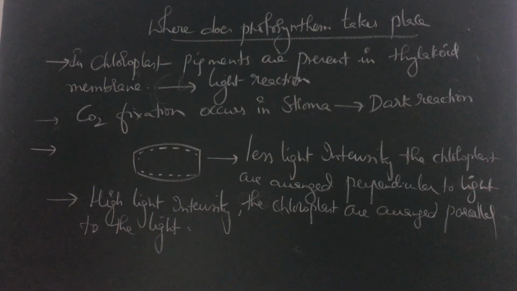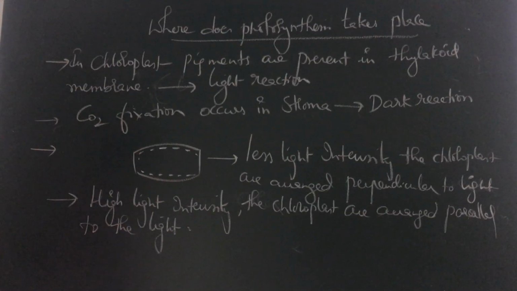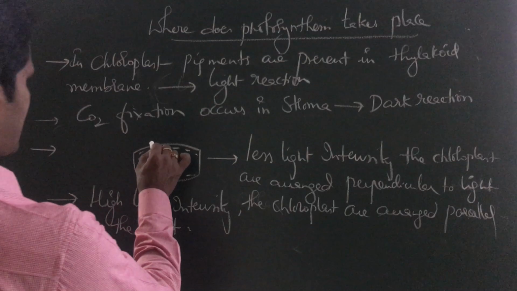Okay, right. So this is what we see in the case of the chloroplast. When they are arranged in the mesophyll cells, this is a mesophyll cell.